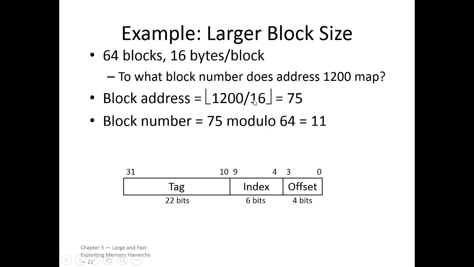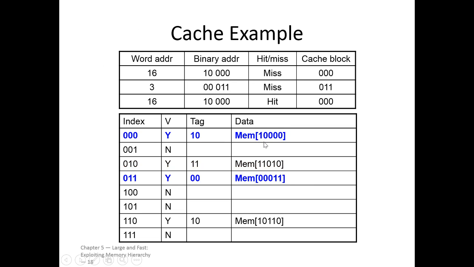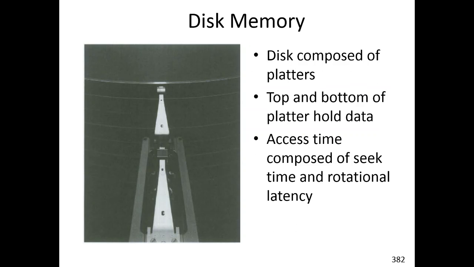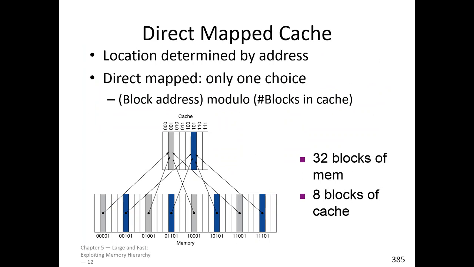So you take 1200 divided by 16. We haven't seen this yet, I'm showing you now. That's going to give you your block number. And then we're going to use modulo to reduce that down further, like I showed you here, to find its index.